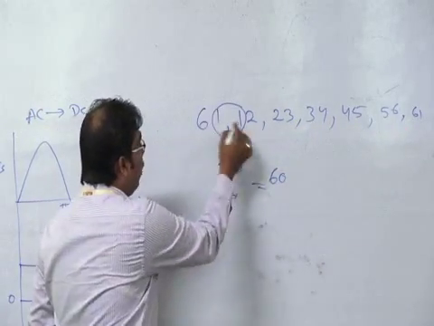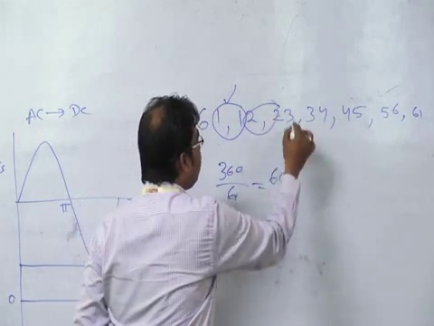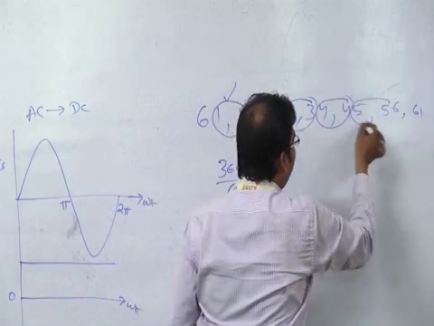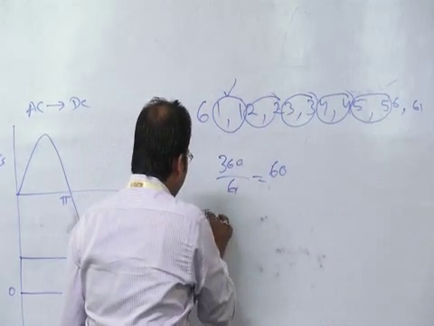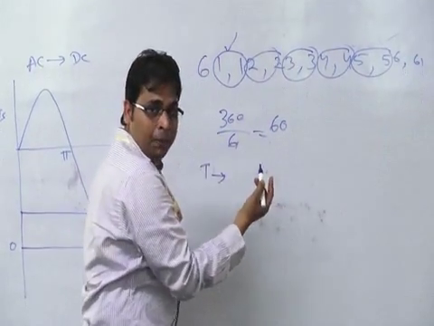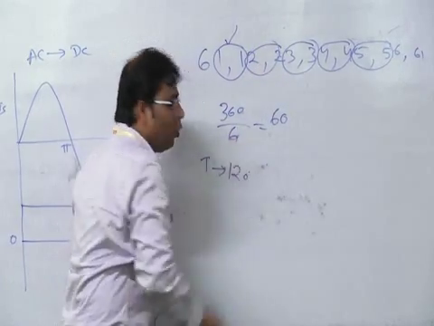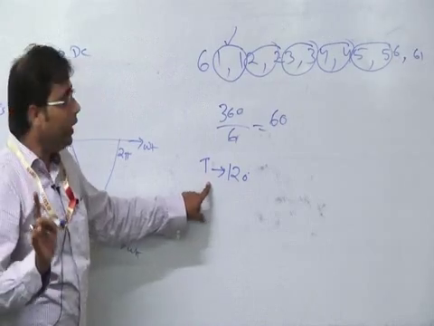Now in two durations, one thyristor is always overlapped. Here 2 is overlapped, here 3 is overlapped, here 4 is overlapped and here 5 is overlapped. Means one thyristor will conduct for how much duration? 60 plus 60, so 120 degree. One thyristor will conduct for 120 degree.